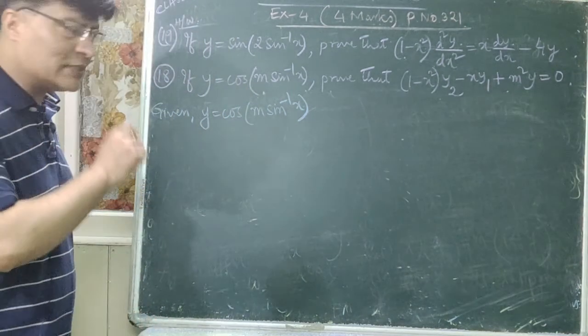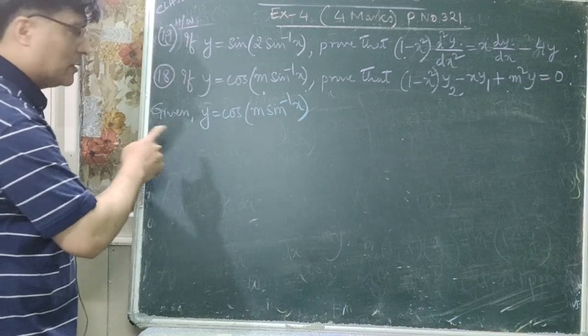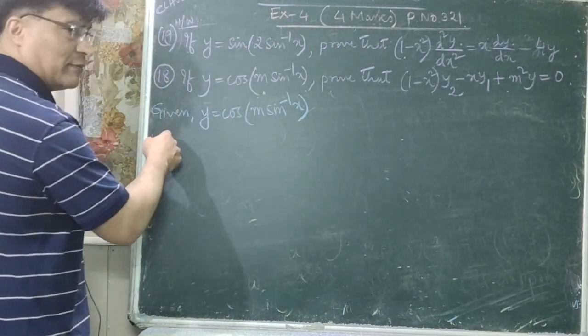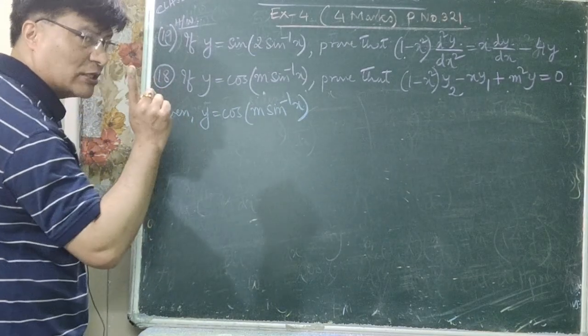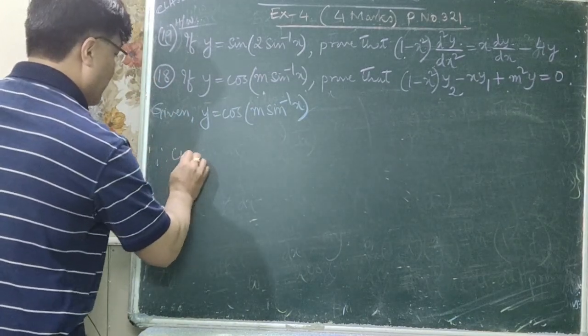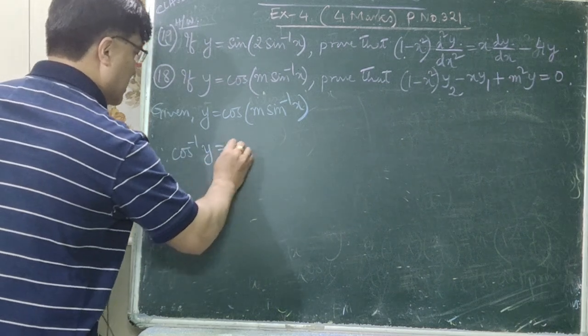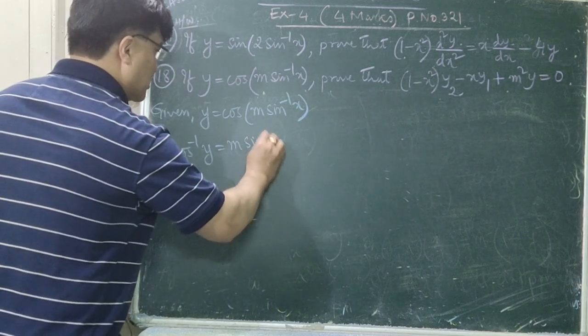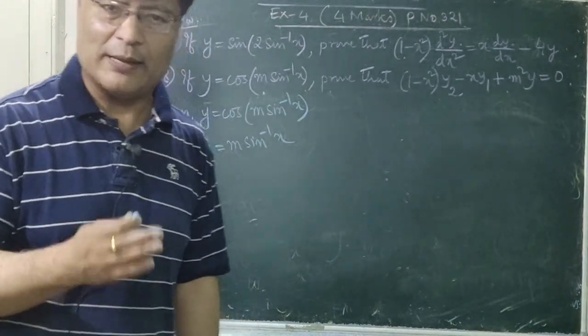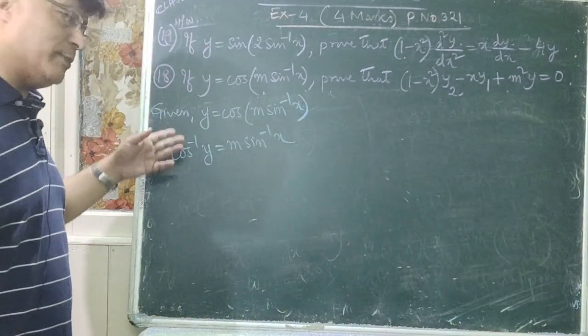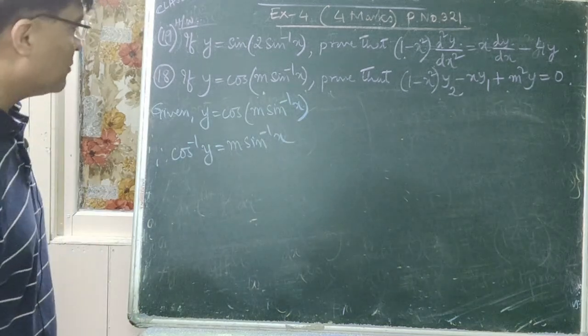Now in this case we will do another method. Let us take this cos to the left hand side. When we bring this cos to the left side, it becomes cos inverse. Therefore cos inverse y is equal to m sin inverse x. Is that clear to all of you? So it becomes cos inverse y is equal to m sin inverse x.